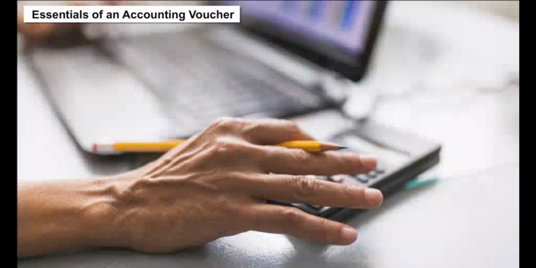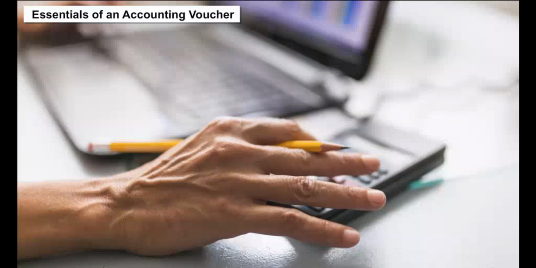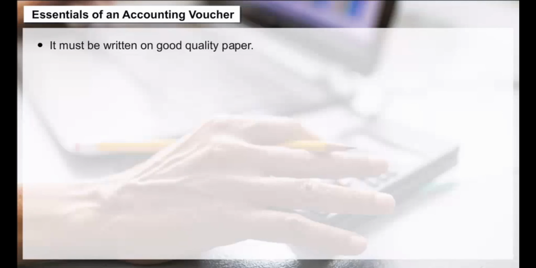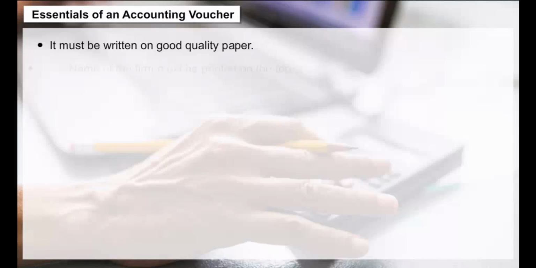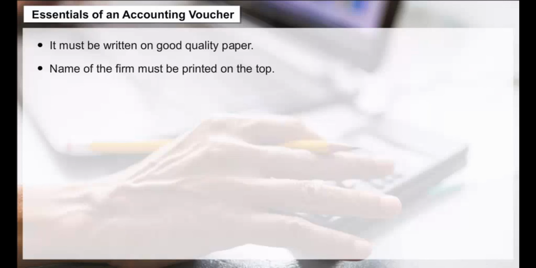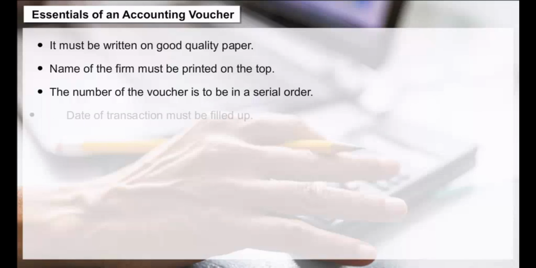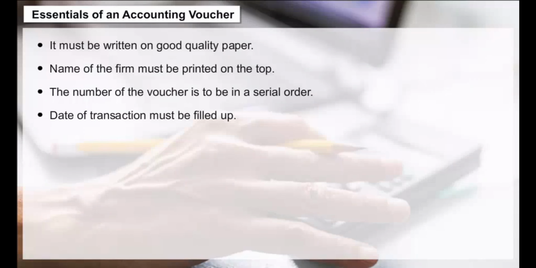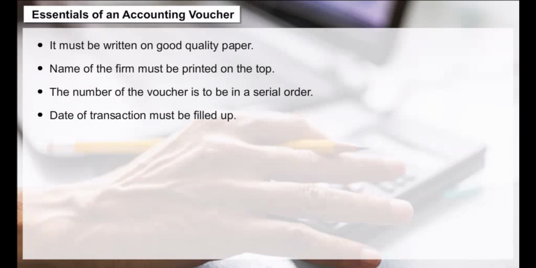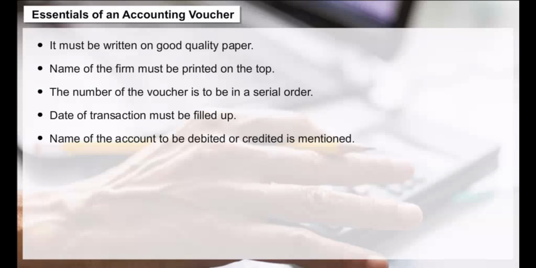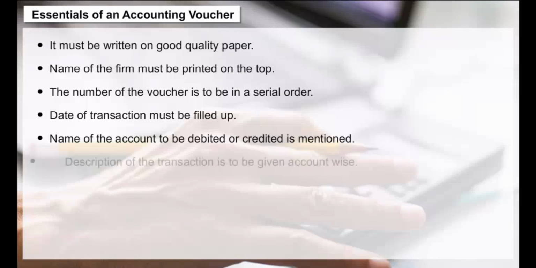Essentials of an accounting voucher. An accounting voucher must contain the following essential elements. It must be written on good quality paper, the name of the firm must be printed on the top, the number of the voucher is to be in serial order, and the date of transaction must be filled in against the date, and not the date of recording of the transaction. The name of the account to be debited or credited is mentioned.